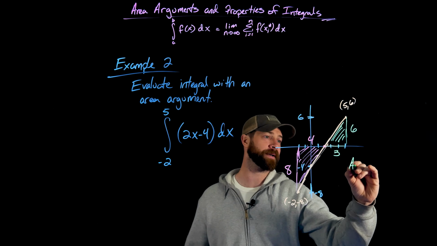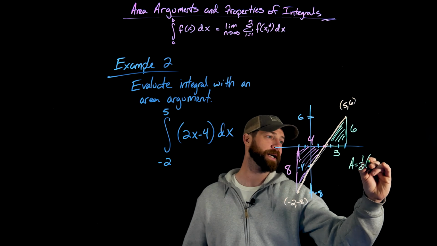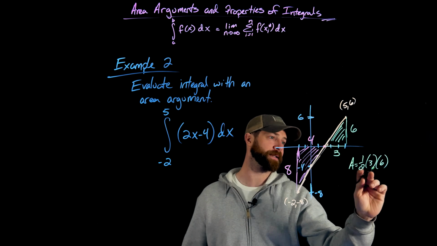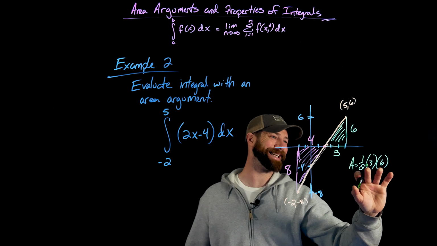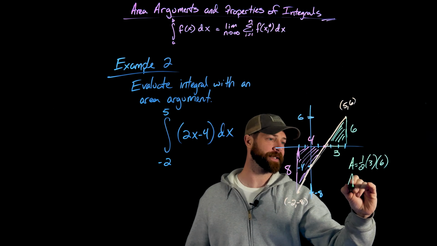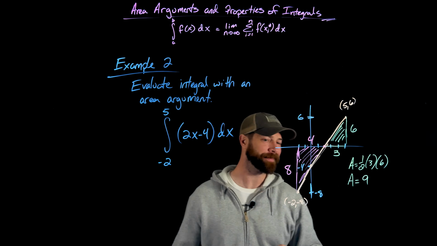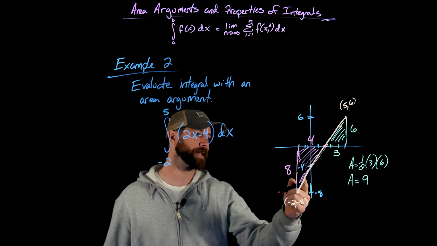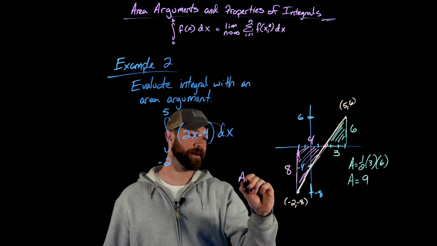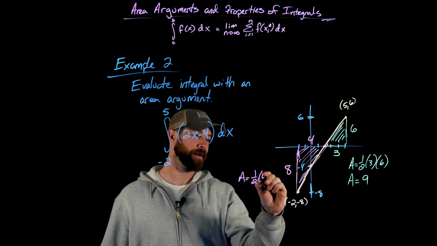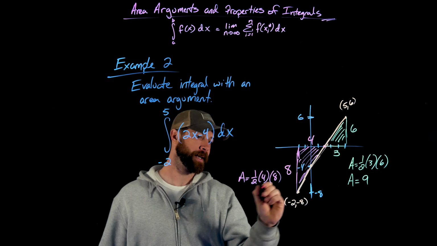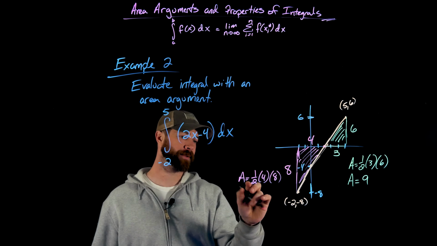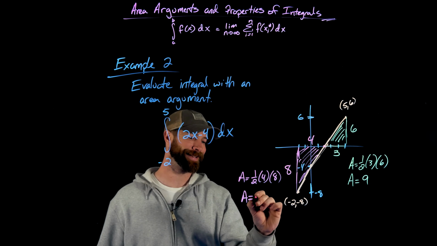This area here is 1/2 times 3 times 6. 3 times 6 is 18 times 1/2 is, this gives me an area of 9. Over here in this area, the area is 1/2 times 4 times 8. 8 times 4 is 32, times 1/2 is 16.